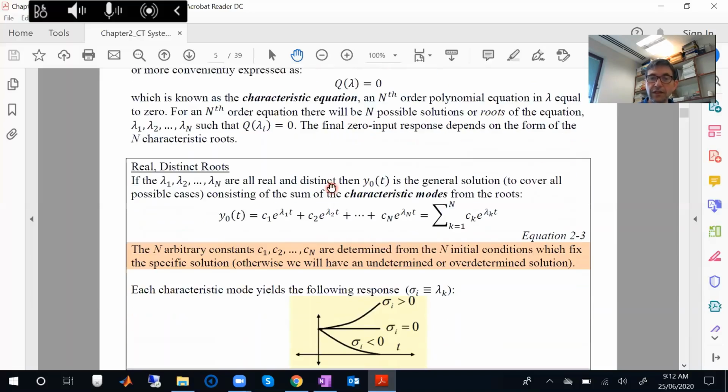What does the response look like? It's going to look like that, an exponential function. Now, which of these responses are the ones that you should really be seeing? This is what you should see. As I said, the zero input response is supposed to decay with time. This one goes up. If you get a response where lambda is positive, something's gone wrong, because that will imply that the energy increases with no input.